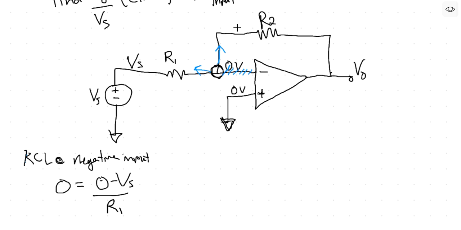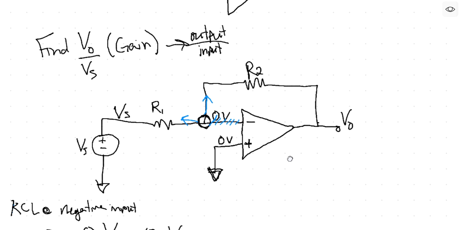The current leaving this way is 0 minus V out over R2. So I'm going to add that. That's my equation for this KCL right here.